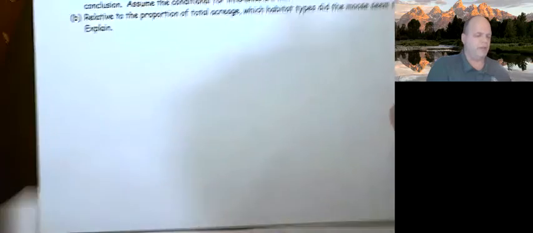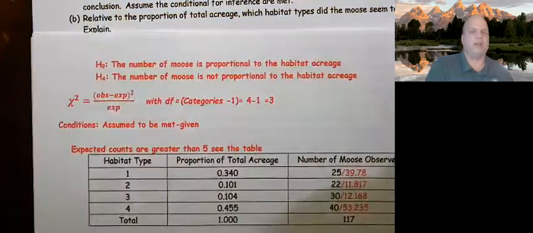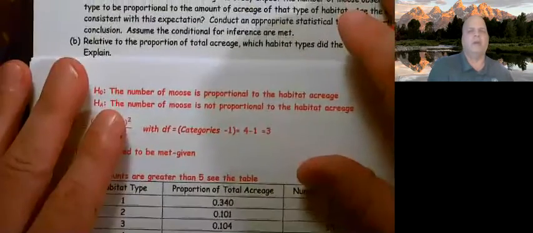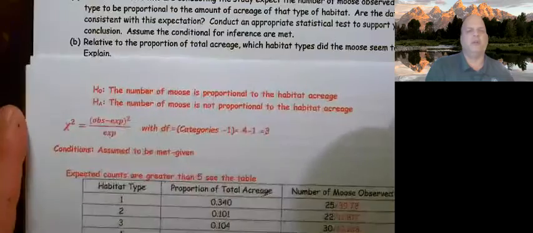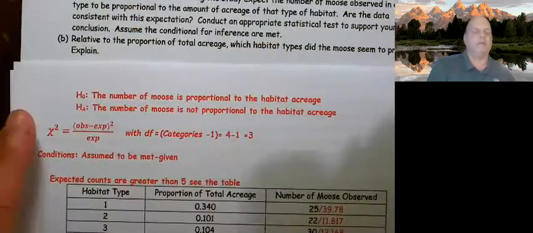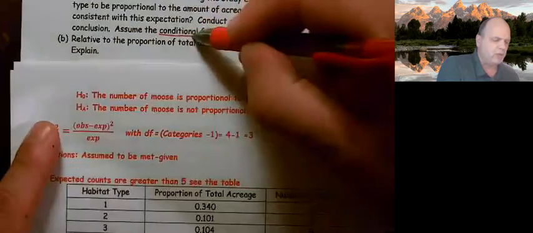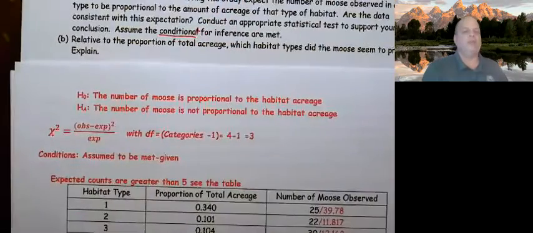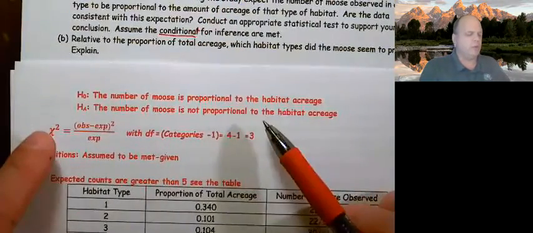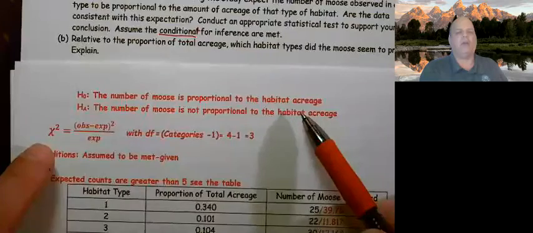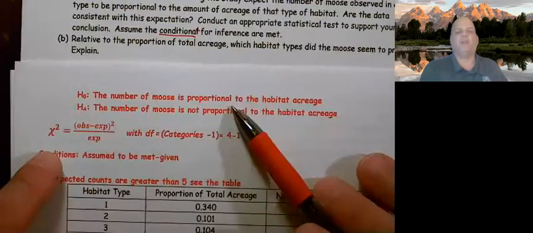I need to run this test. Conduct an appropriate statistical test to support your conclusion. Assume conditions for inference have been met. That was nice of them. So that means I don't have to worry about the conditions. So H0: the number of moose is proportional to the habitat acreage. And I know sometimes you see proportion and you go, you know what, might be homogeneity.